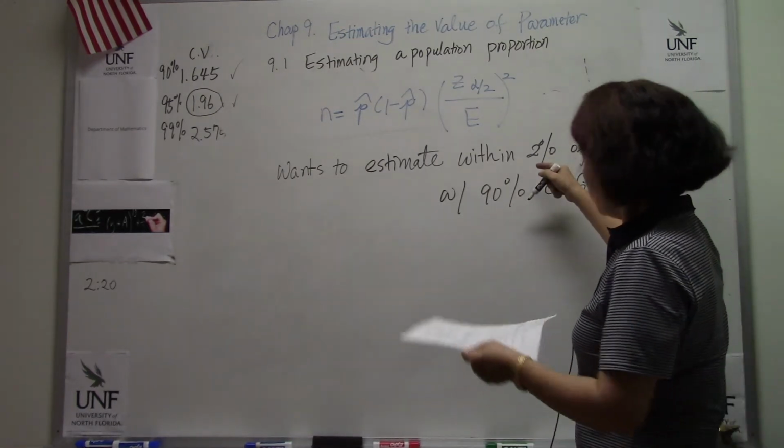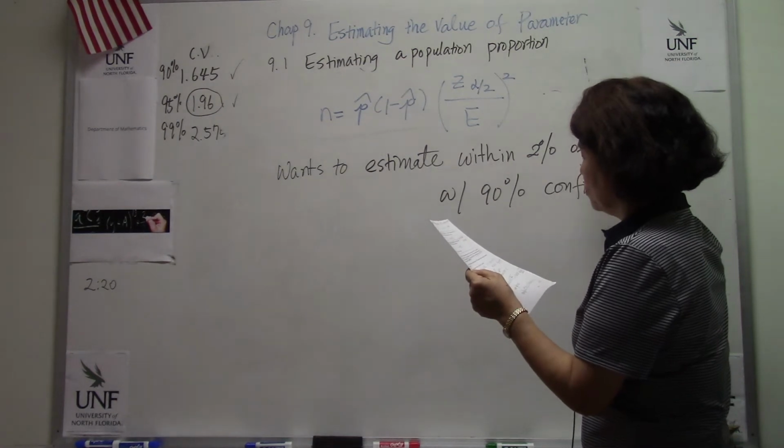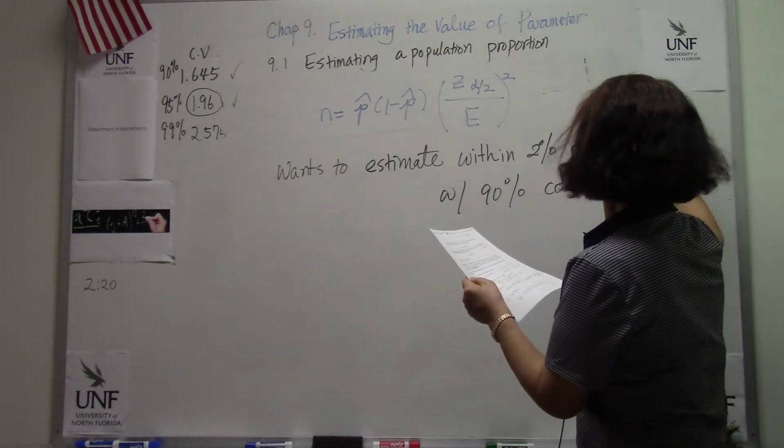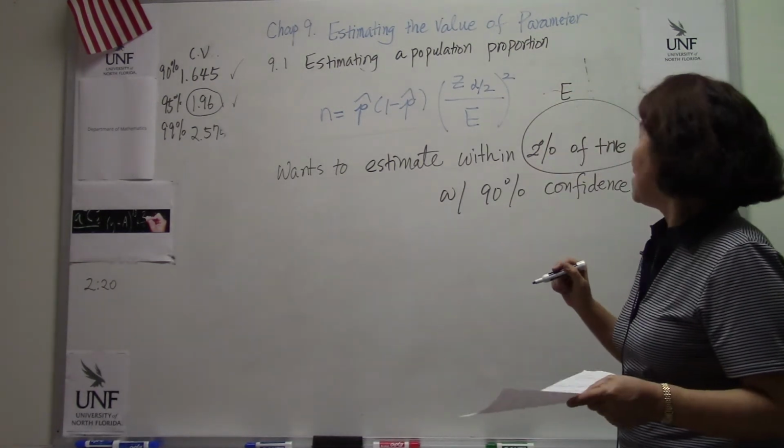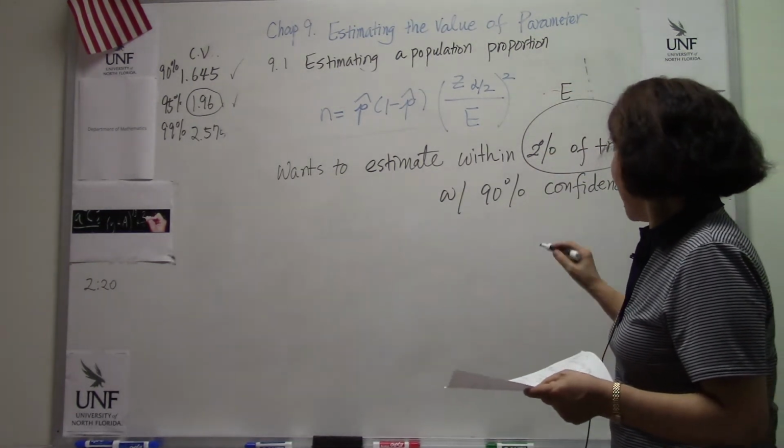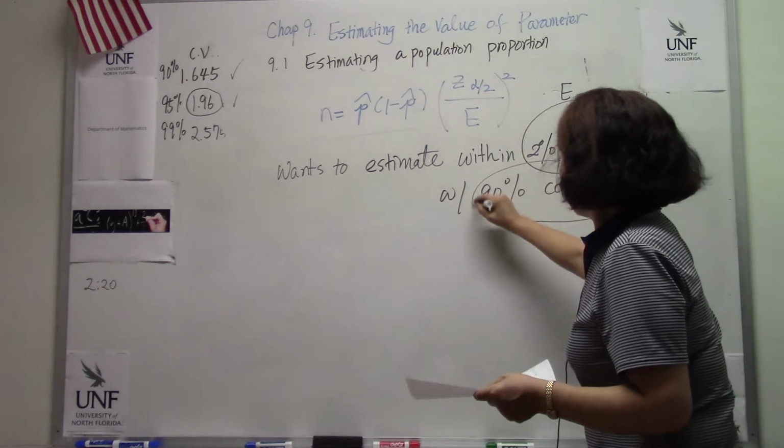So within 2 percentage points of the true population, well, this means this is the margin of error. Okay? And 90% confidence.